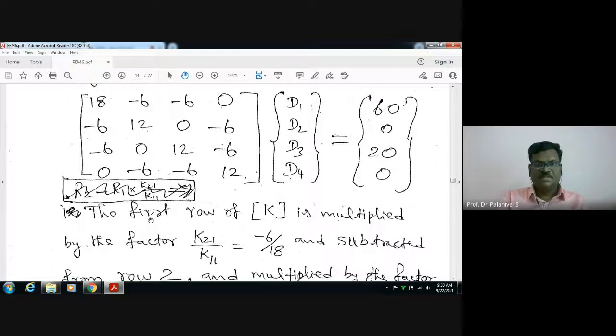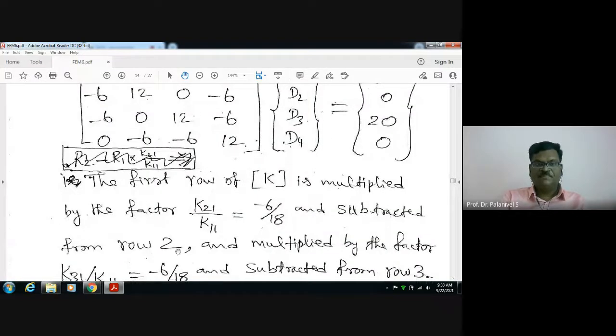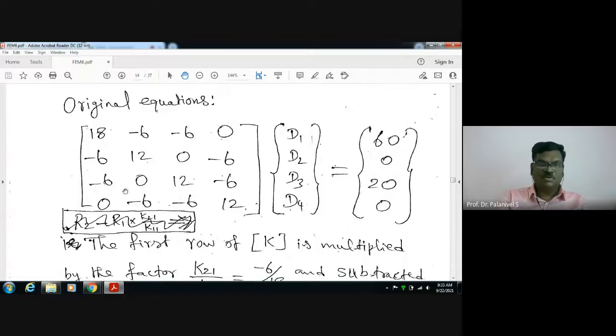Also, I have to eliminate this term in the third row, so I take K31 divided by K11. I have to multiply row 1 by the factor K31 by K11, which is equal to minus 6 by 18, and subtract it from row 3.